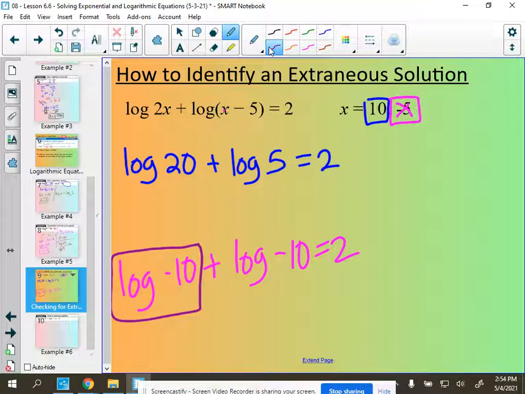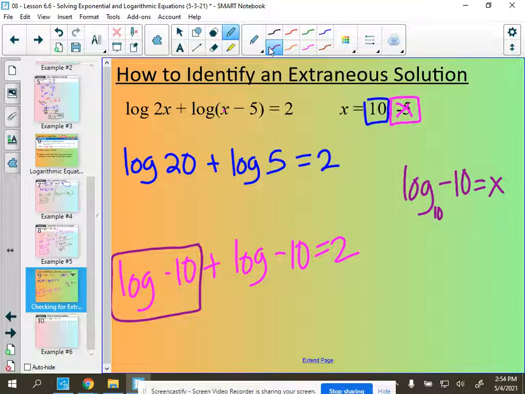Let's just focus on just that part of it. What does that actually mean? Log of negative 10. Why is this killing this problem, or why is that killing that solution and making it extraneous? Again, it comes back to the rewrite here. What are we actually saying when we're saying log of negative 10?